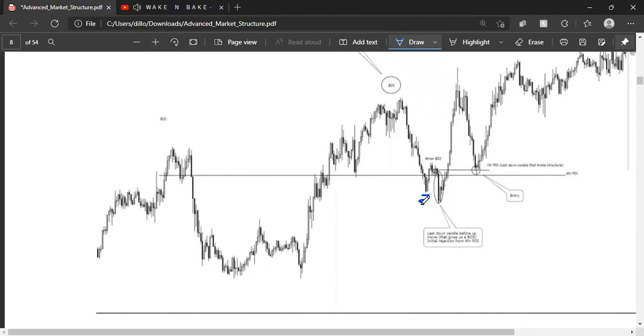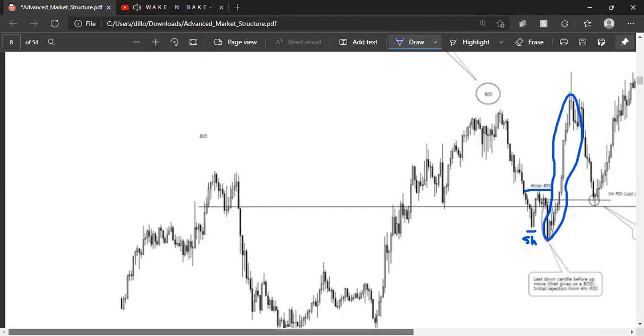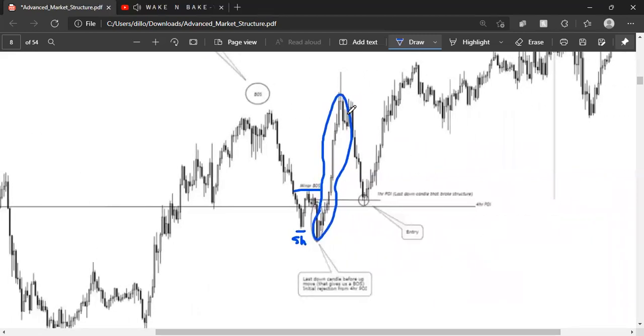So with the stop hunt, we see this huge impulse, and it gives us that minor break of structure in this area. So we get that retracement into that 1-hour point of interest on the 15-minute time frame, and we buy. That's our entry.